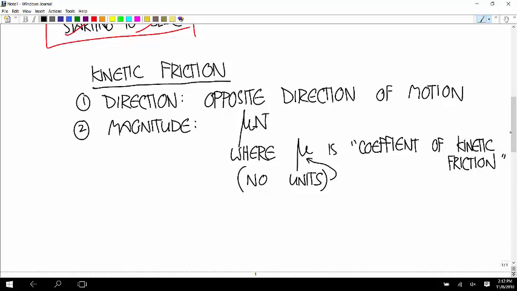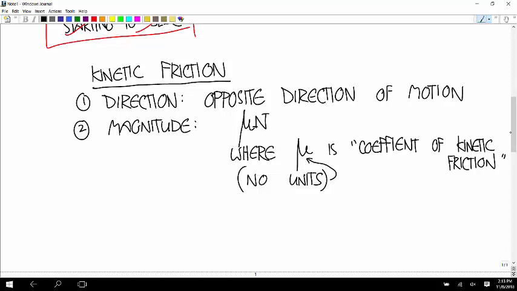The other thing, so that's the direction. And then looking at the magnitude, the coefficient of kinetic friction is something you can look up for two different materials. Like you could look up the coefficient of kinetic friction for wood and steel, and it would give you the constant for a smooth piece of steel sliding against a smooth piece of wood.